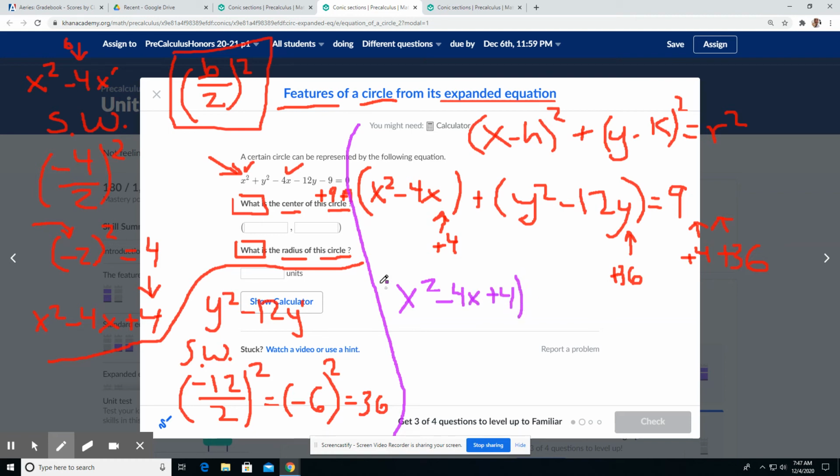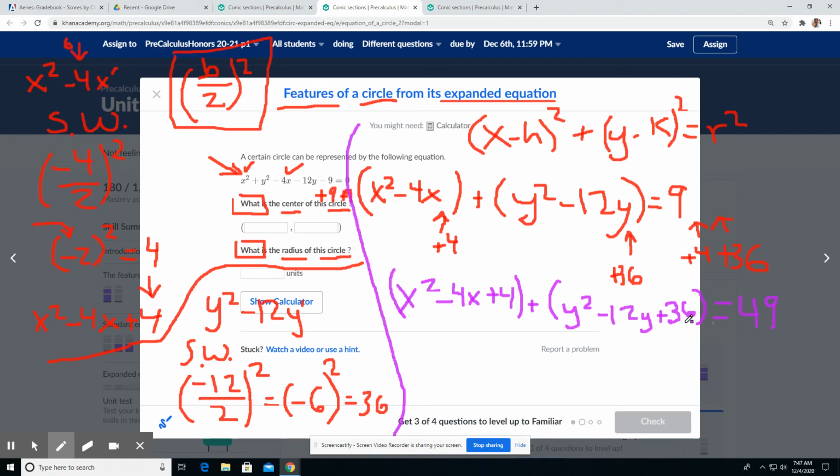I'll go ahead and just keep it in parentheses so it's a little bit easier for the brain to recognize we're treating that separately. Plus y squared minus 12y plus 36. All of this equals 9 plus 36 is 45, plus 4 is 49.